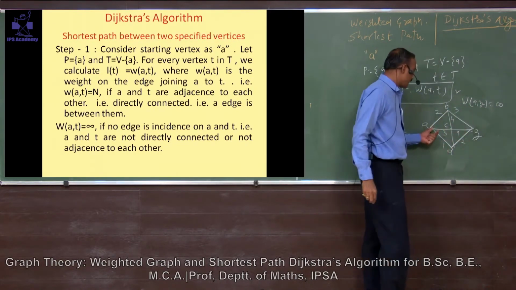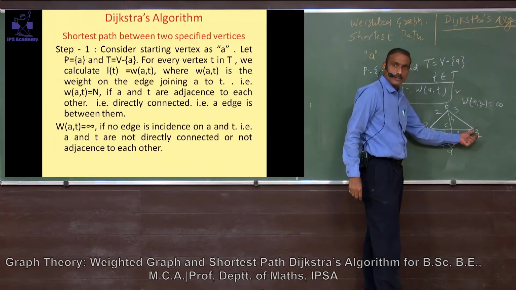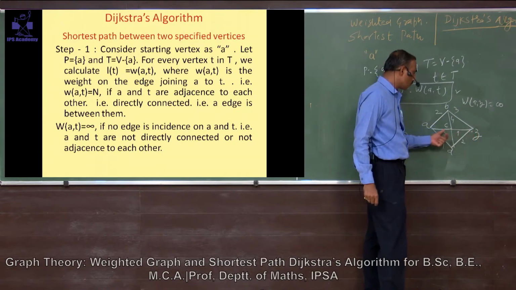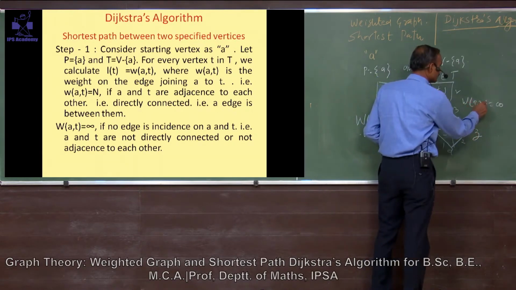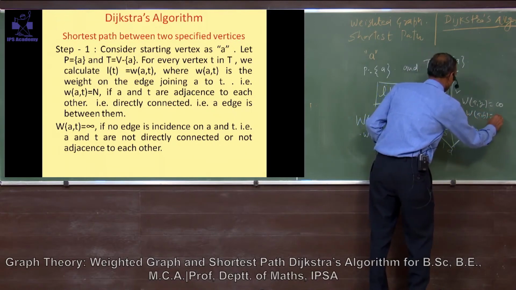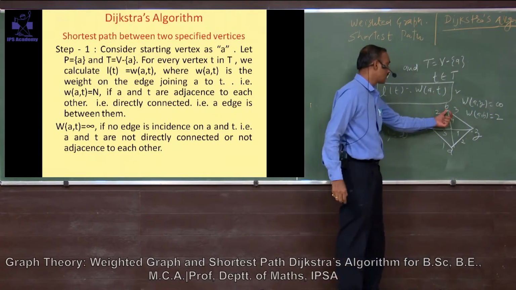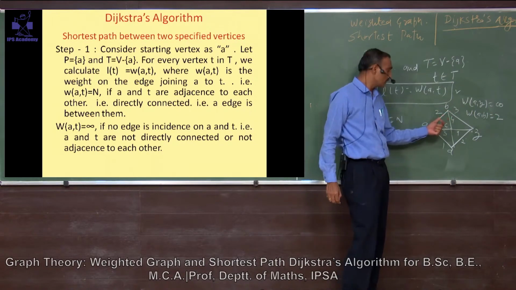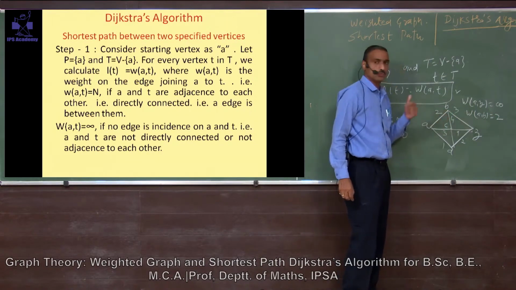Here A and Z are not adjacent, not directly connected, so we put W(A,Z) equals infinity. But the value of W(A,B) will be 2 because they are adjacent, so W(A,B) equals 2.